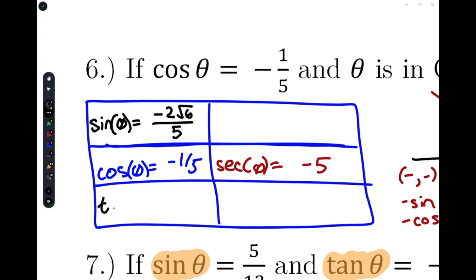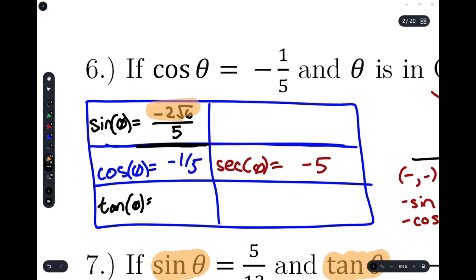Which means our tangent, there's a shortcut to do this. If you remember it, and if you don't, we can review it now. There's totally a shortcut to write the tangent. You make this a big divide sign, and you ignore the denominators. So look at the top. I'm going to erase all this in a second, but I just want to show you. Look at the two tops. Ignore the denominators.